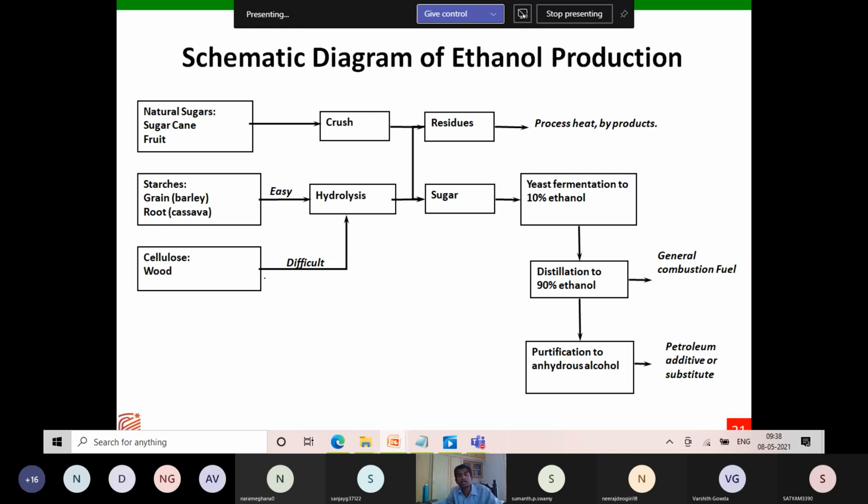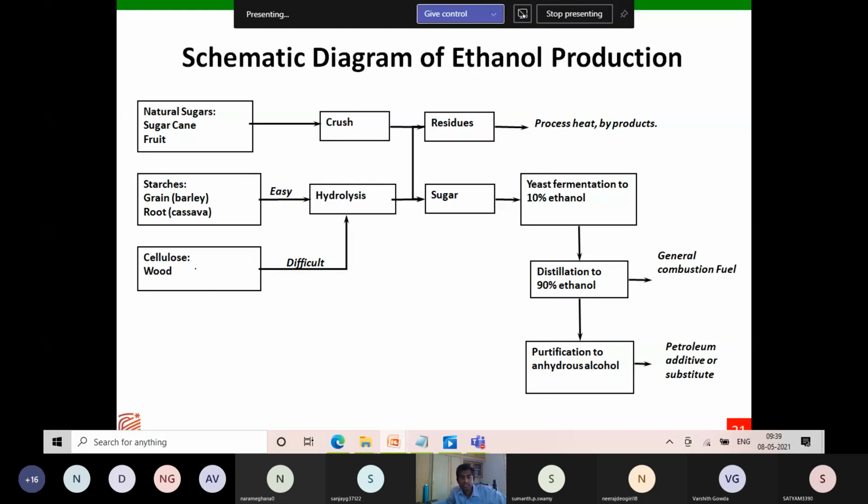What is the schematic diagram for ethanol production? Here the natural sugars, sugarcane or fruit, is supplied and crushed and subjected to hydrolysis to give sugar, and after crushing some residues are formed. This is used as a byproduct.